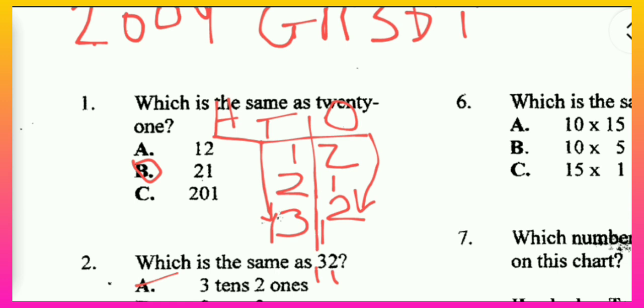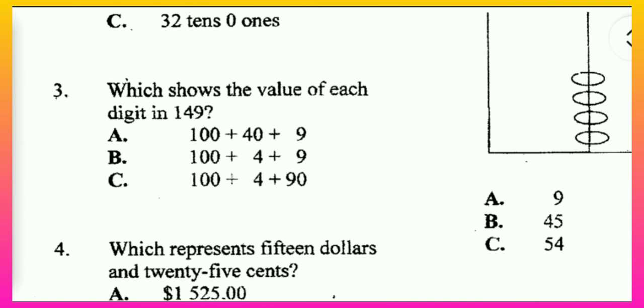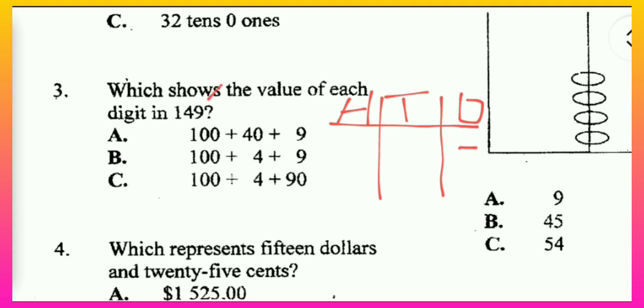Remember, the number we're working with is 149. And let's go down and work it where we are at number 3. Make it look a little more tidy. Alright, ones, tens, 100. And remember we try to fill from the back, so 9 to the back, that way you won't mix them up.